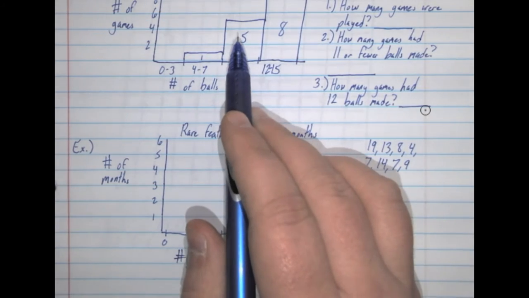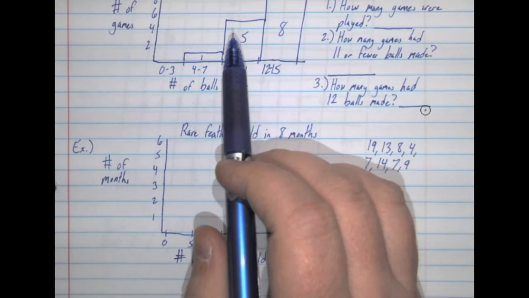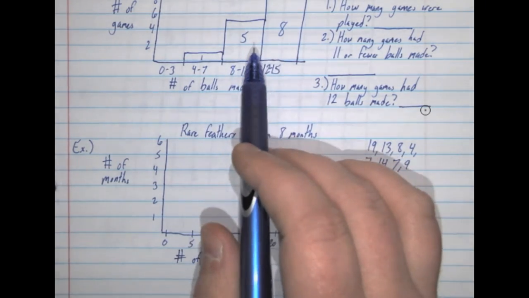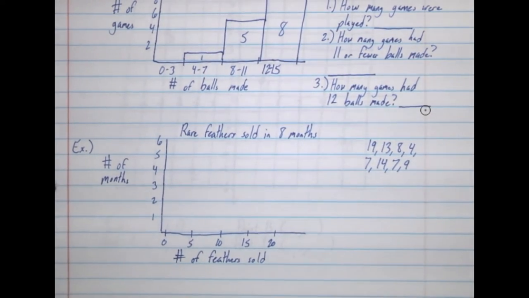And then due to possibly issues with reading this histogram that I made, I went ahead and put in the numbers there to represent what each of them are, but it won't always do that for you, so sometimes you will have to look and figure out that number on your own. But first, we're going to look and answer some questions.